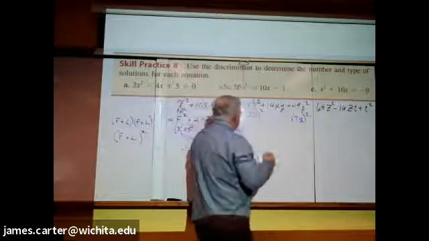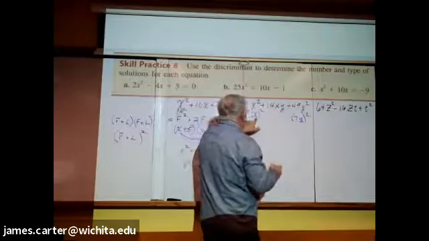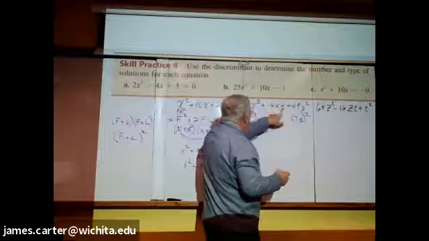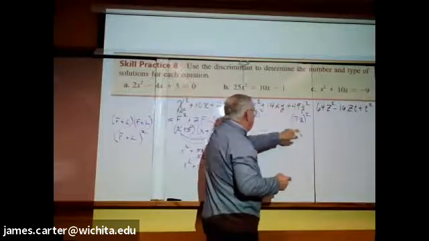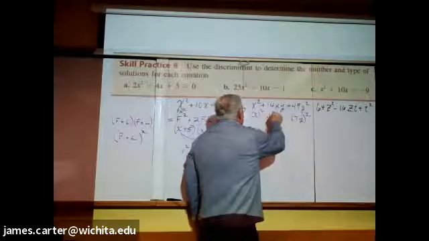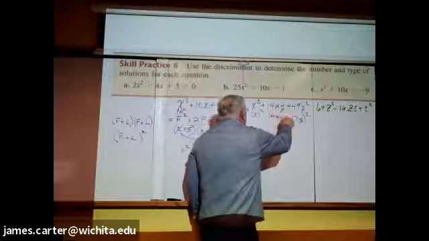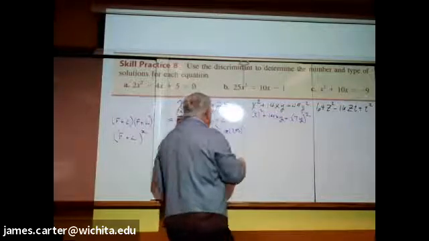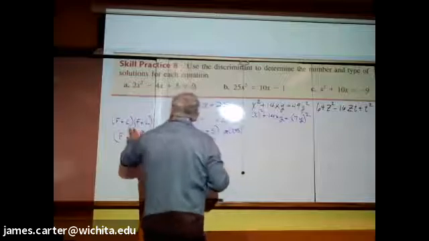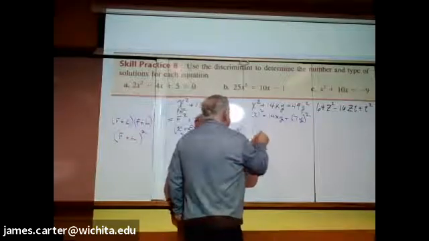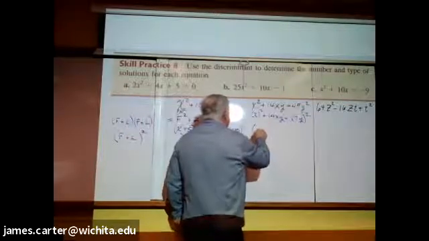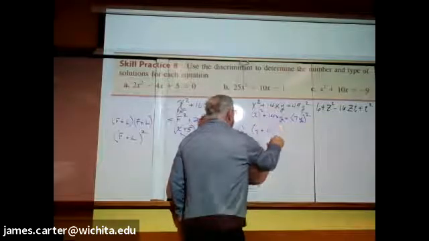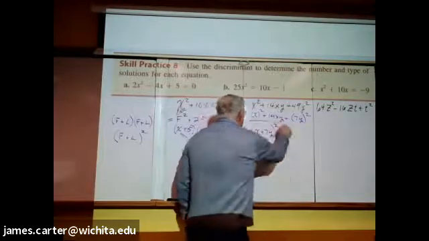Well, 2 times x is 2x, times 7y is 14xy. So this one is a candidate for using this shortcut. So my answer then is going to be simply x plus 7y quantity squared. Done.